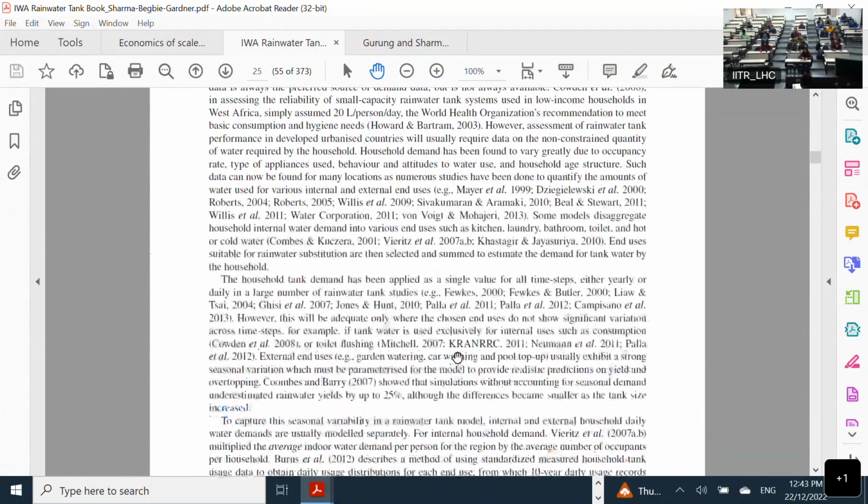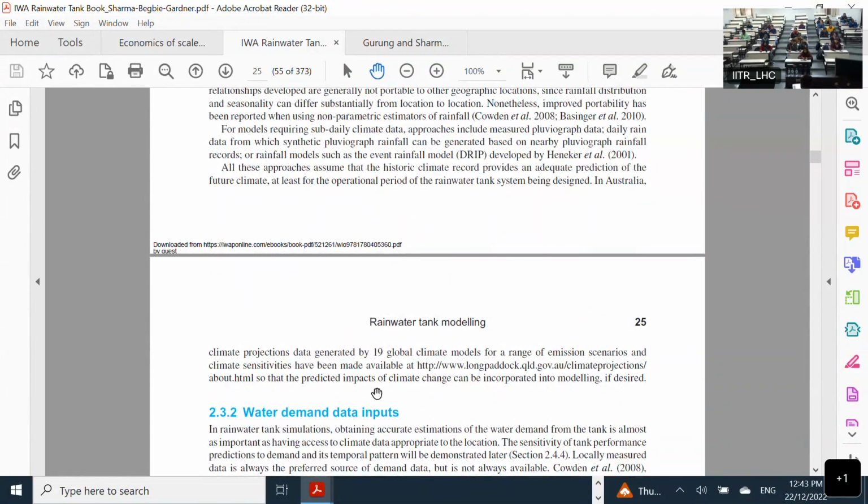And then the water demand data is another important aspect to take into consideration. There are a number of end user study reports available, which can also help in looking at the water demand data.